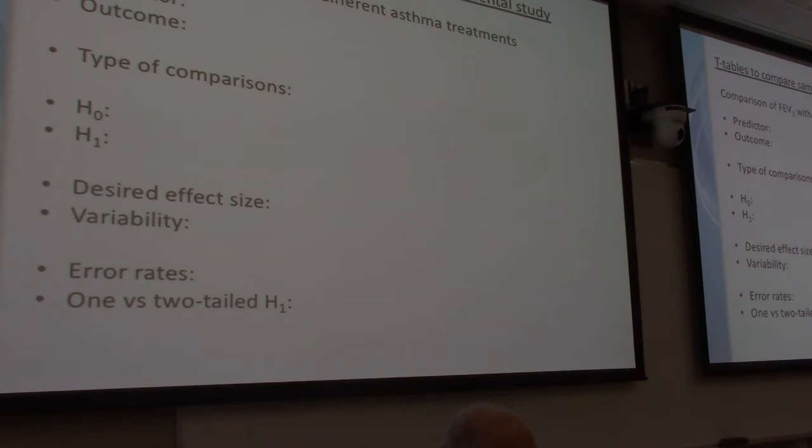So the first one, we're going to consider 2 different asthma treatments. And some of you will not believe this, but when we were pediatric residents, we didn't have inhalers. Those came later. So the therapy for treating asthma exacerbations was intravenous theophylline, and aminophylline in particular.